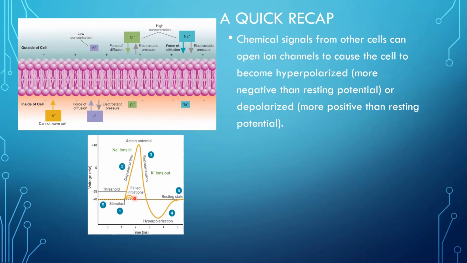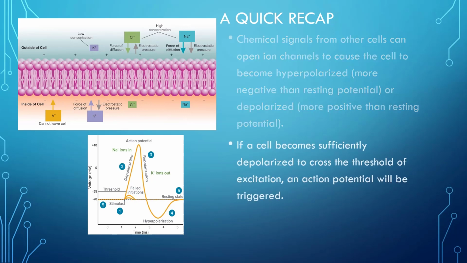If we have a negative ion come in, then the cell becomes more hyperpolarized, moving away from the resting membrane potential even further, and moving away from zero even further, I guess I should say. And if we have a positively charged ion enter, then we have depolarization. And as we just said, those depolarizations are the key to hitting this threshold of excitation. So if we do get to this point of sufficient depolarization, we cross this threshold and we trigger an action potential.